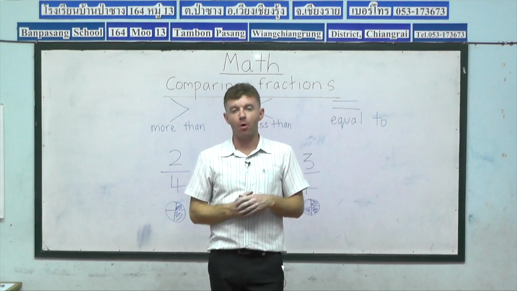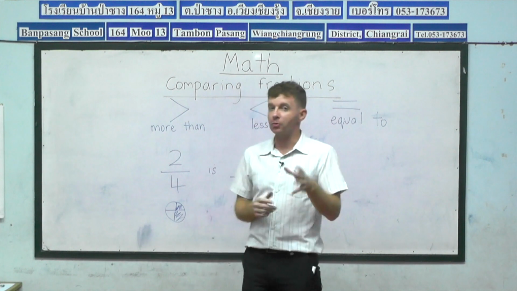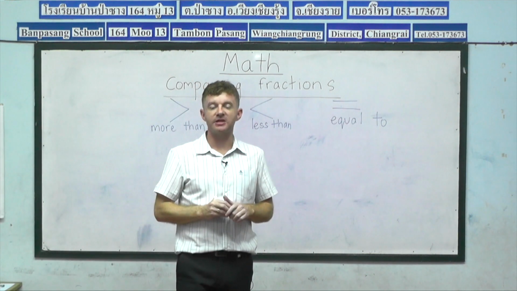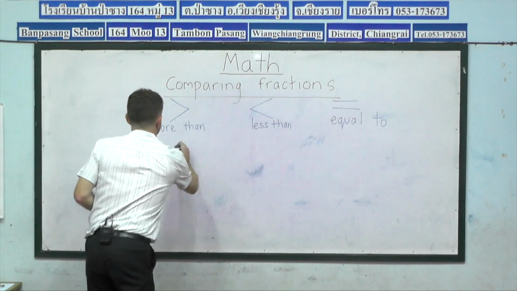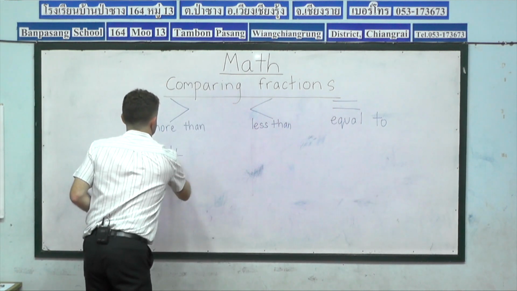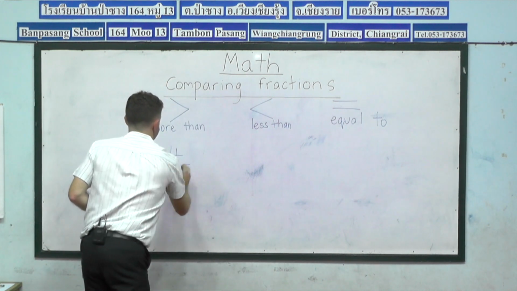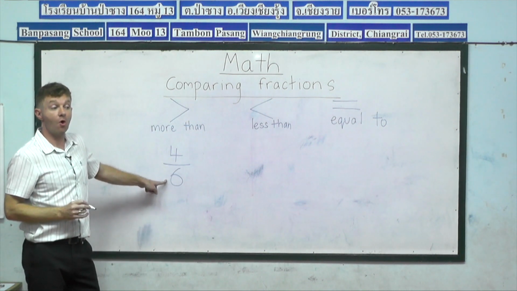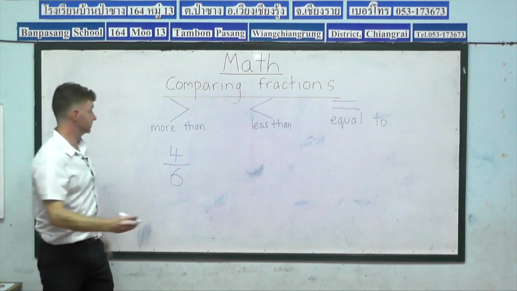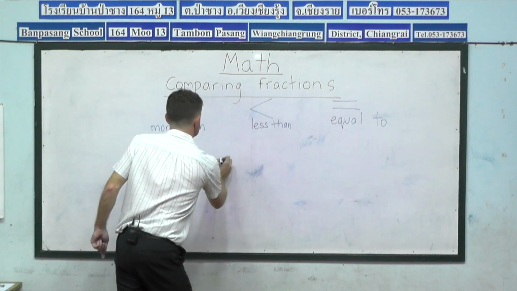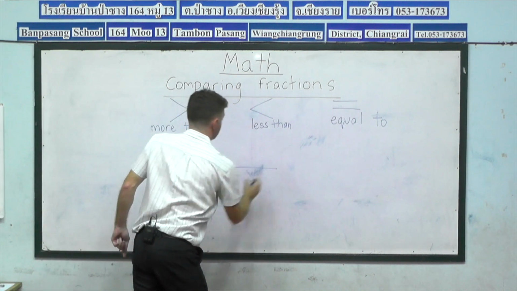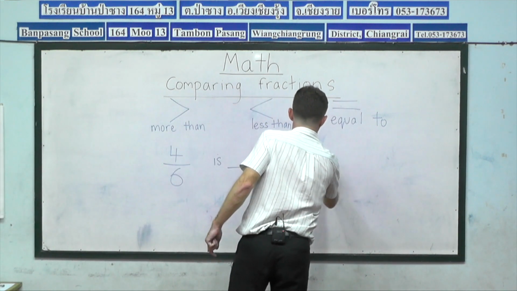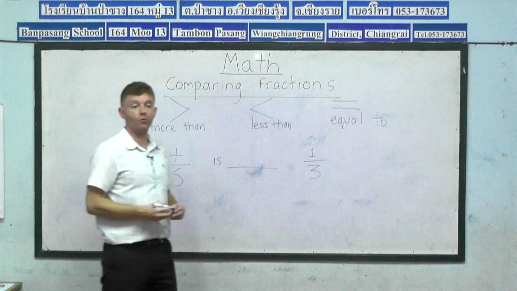Let's do a couple more as a demonstration, but now we need some different fractions. This time we'll use different denominators. How about 4/6 is, what is it in relation to 1/3?